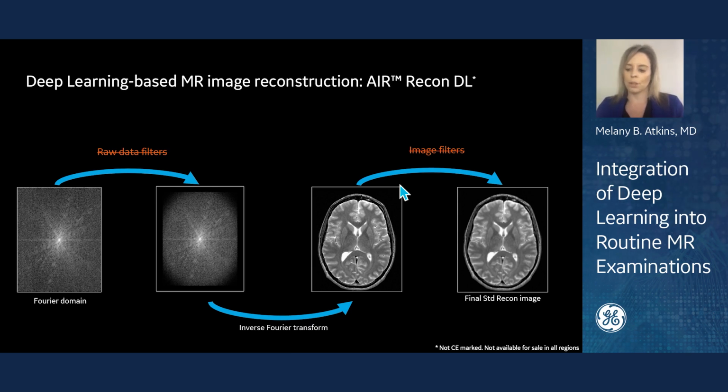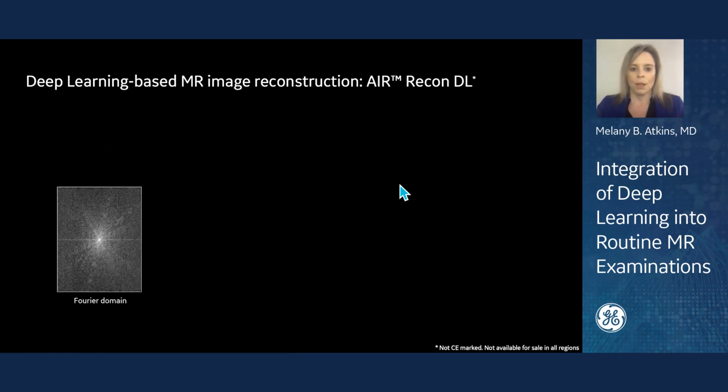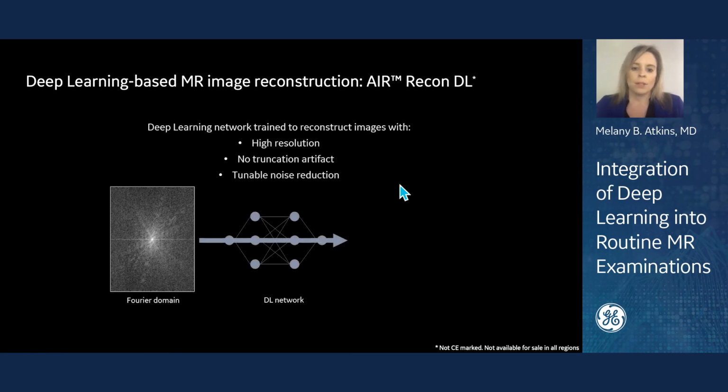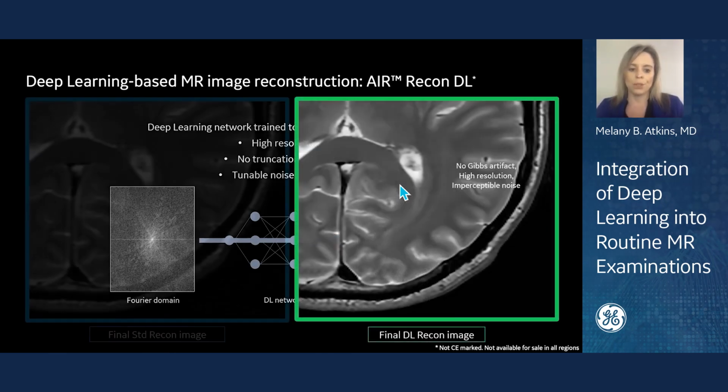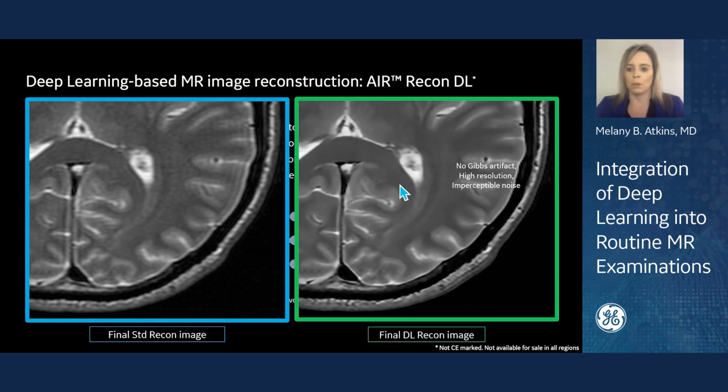The deep learning reconstruction is really an integral part of the reconstruction from the beginning. And so it's high resolution. We don't have to worry about any truncation artifact, and there's significant noise reduction. As we see this blown up image versus the standard recon image, we don't have Gibbs artifact. We have high resolution and really imperceptible noise.